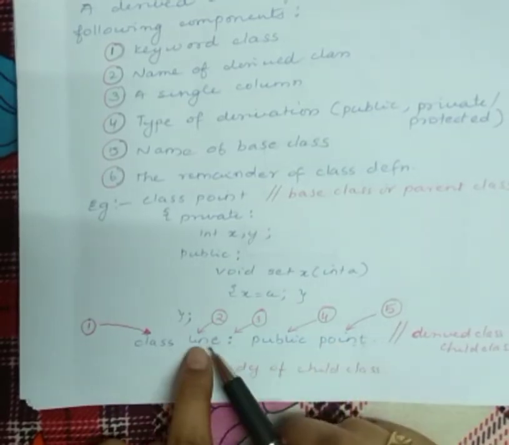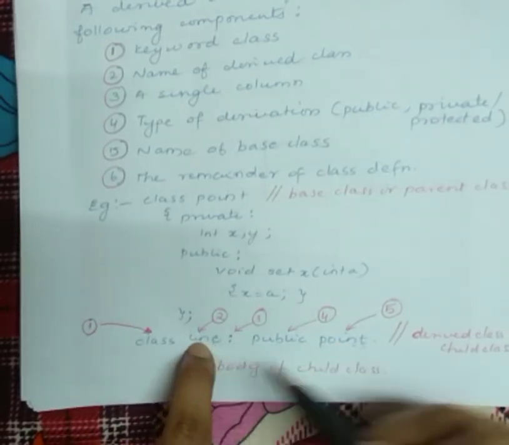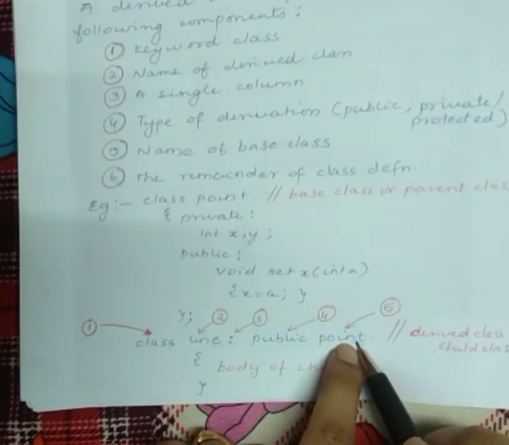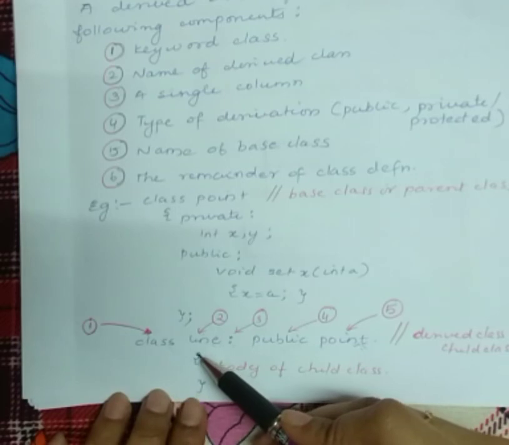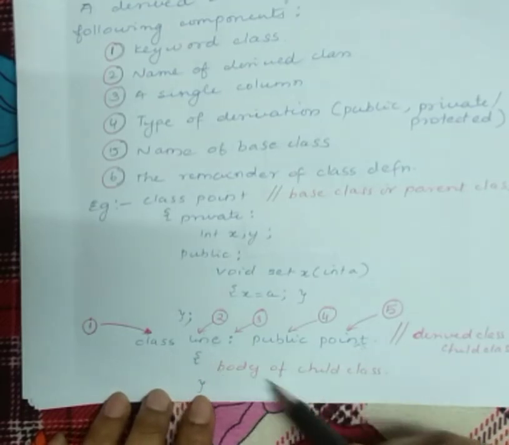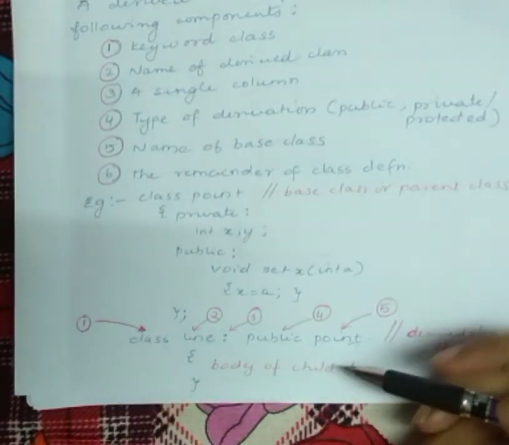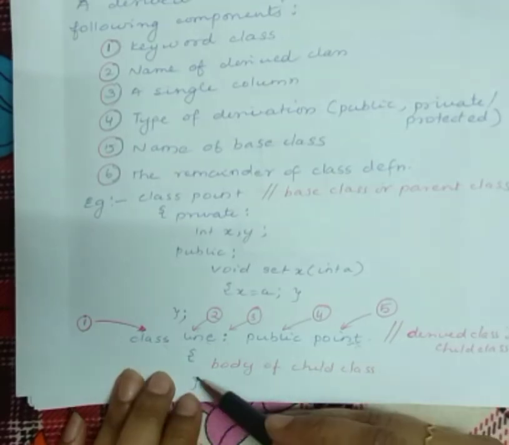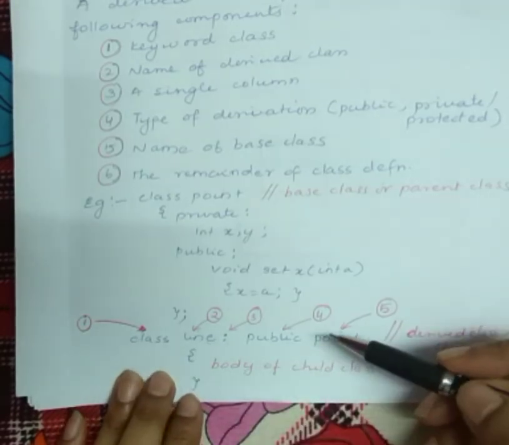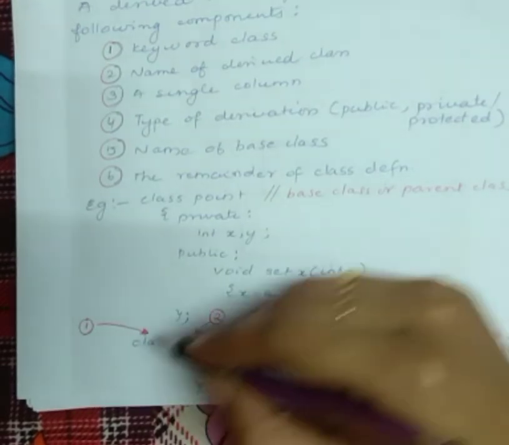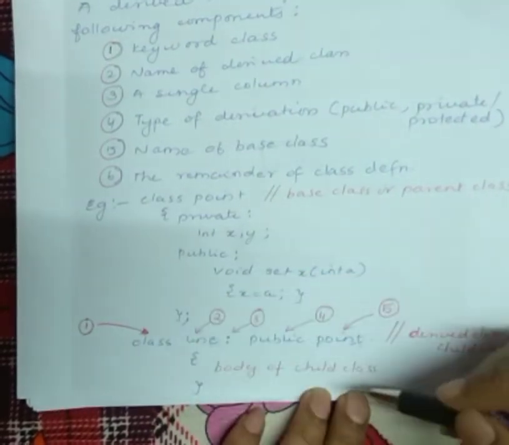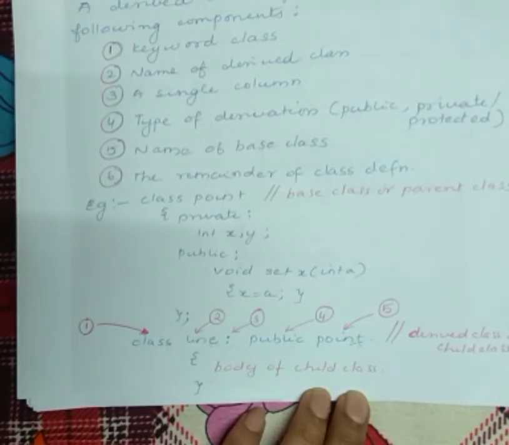The child class is also known as the derived class and the parent class is also known as the base class. Below, you can put the braces and write the body of the child class, then close the braces. This is the syntax to define a derived class.